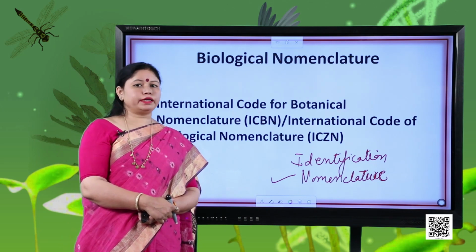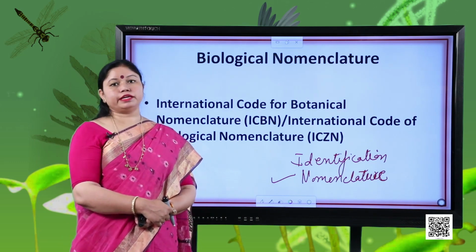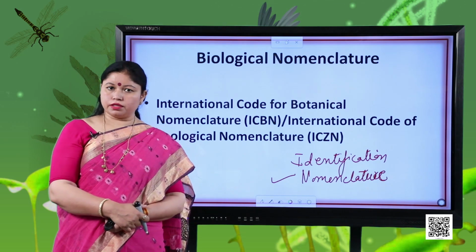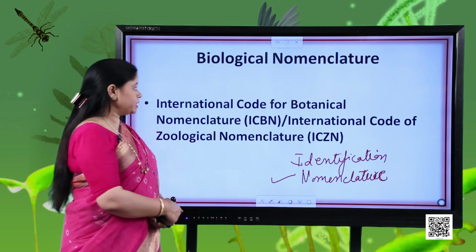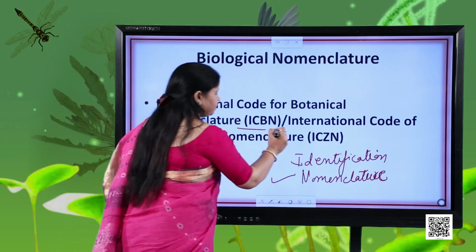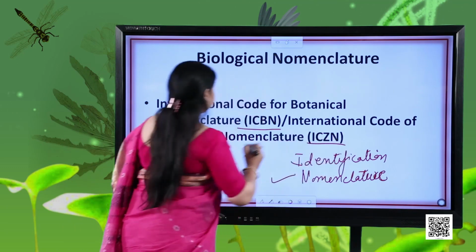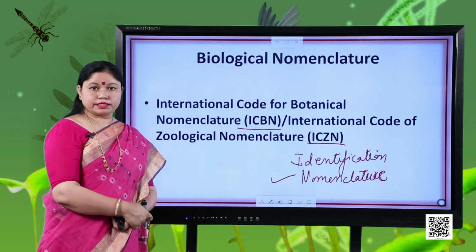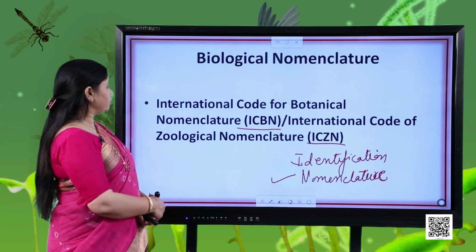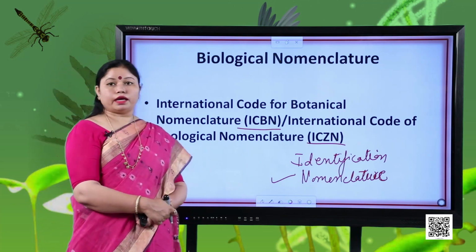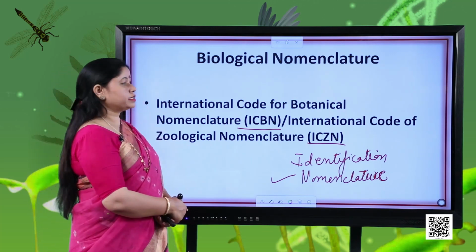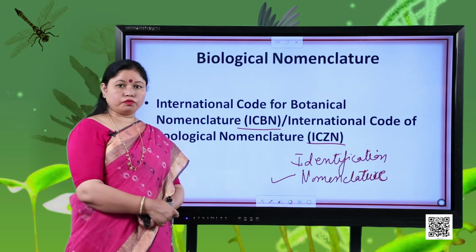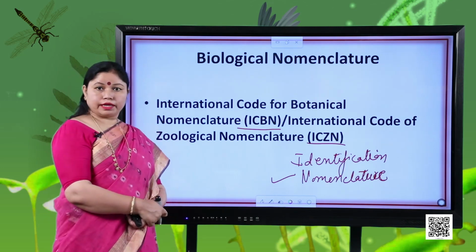There should be some criteria, some principles laid down for assigning these names. That care has been taken up by ICBN and ICZN. ICBN stands for International Code for Botanical Nomenclature and ICZN stands for International Code of Zoological Nomenclature.